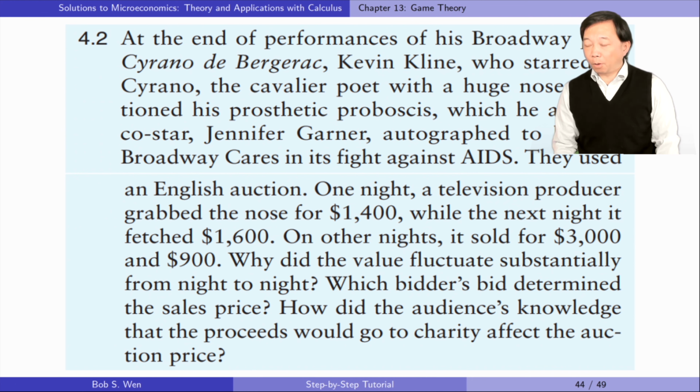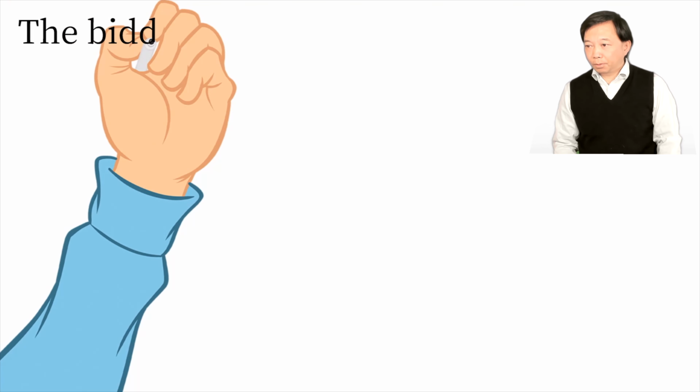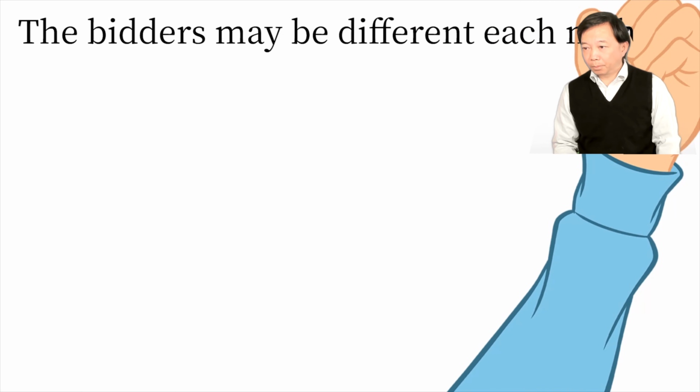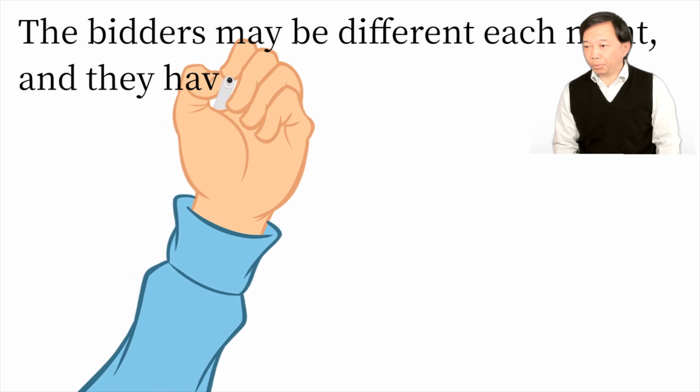Let's solve exercise 4.2. It is about an English auction. Why did the value fluctuate substantially from night to night? Which bidder's bid determined the sales price? Why did the audience knowledge that the proceeds would go to charity affect the auction price? The bidders may be different each night, and they have various private values on the items.